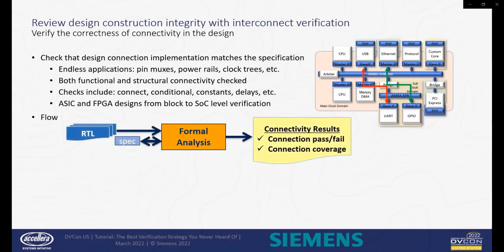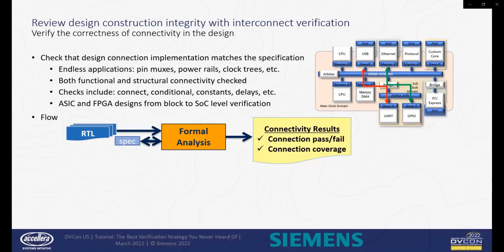The flow starts with a specification, which is described in a CSV file, or with a connection type property. If the user doesn't have this specification, then often a reverse connectivity spec can be generated from the design. Wherever the specification comes from, properties are generated and the connections verified against the design, in some cases structurally and in other cases functionally.